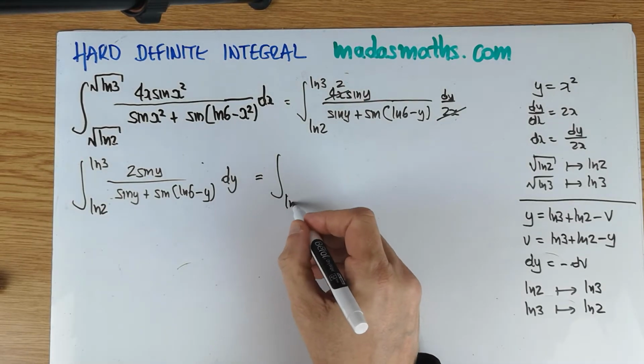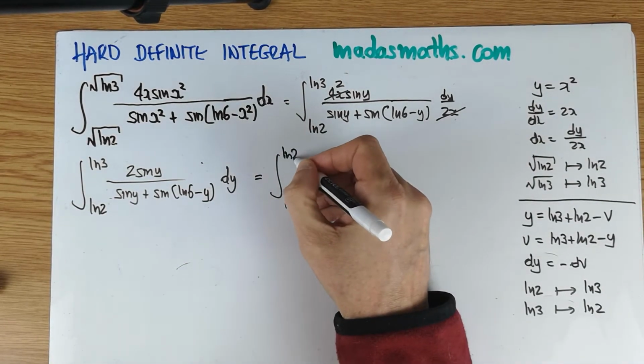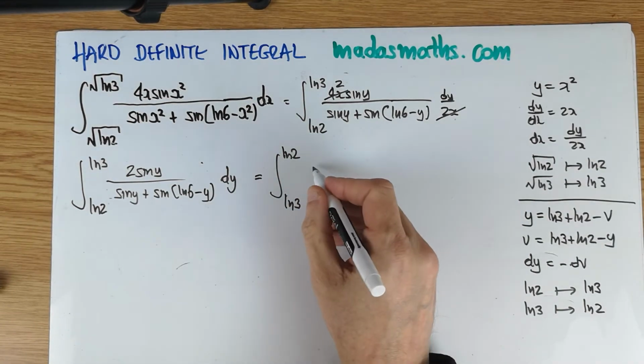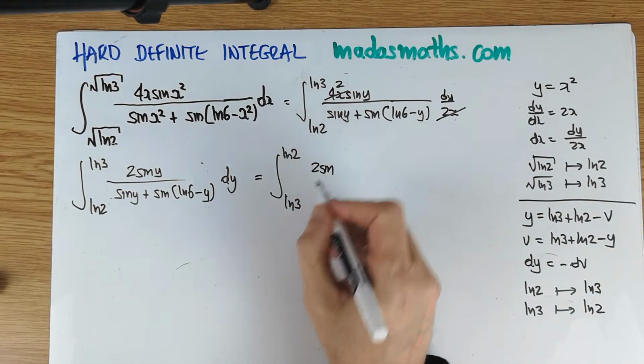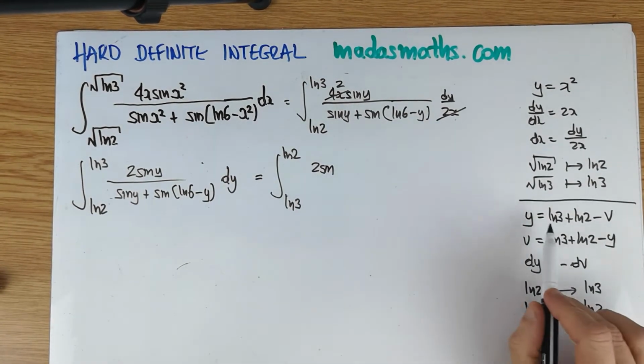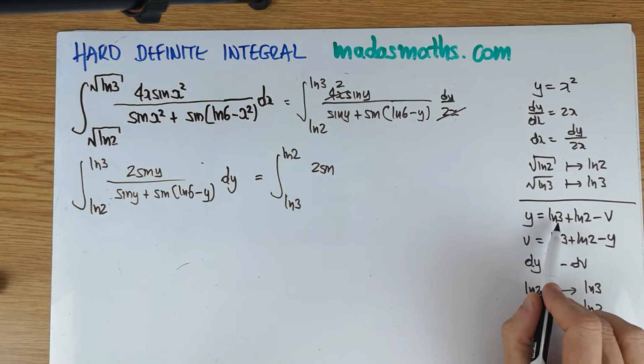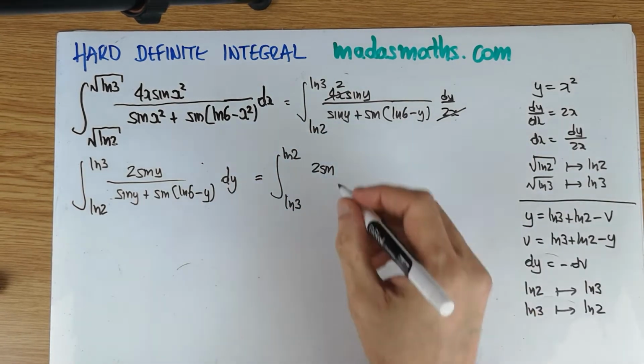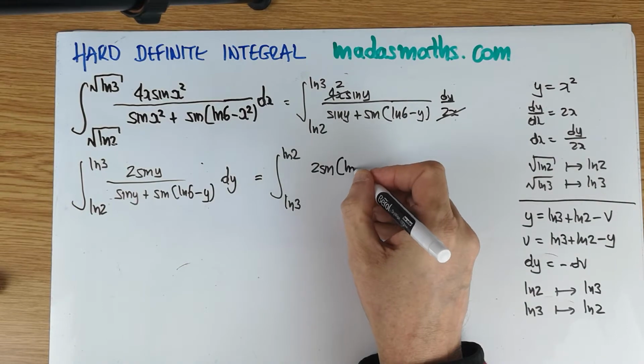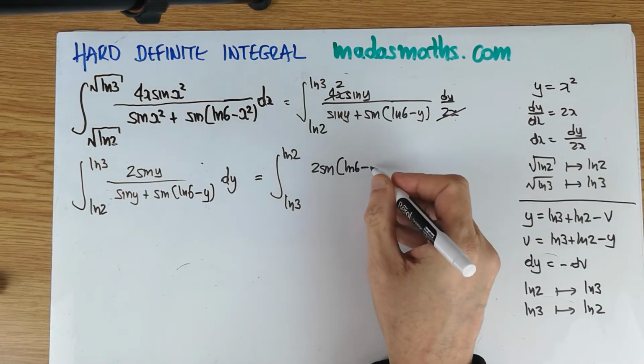So this is now a log 3 at the bottom, a log 2 at the top. And this now becomes sine of y, and y is all of this, which I'm going to write as log 6 minus v.